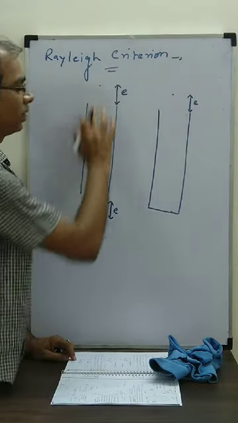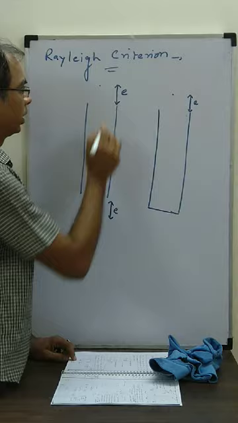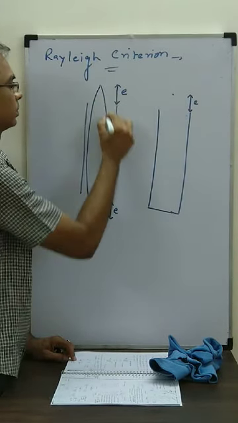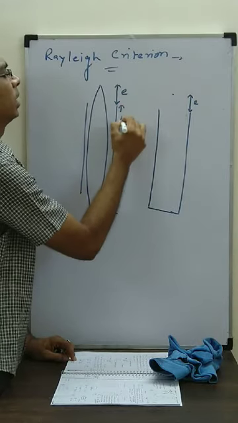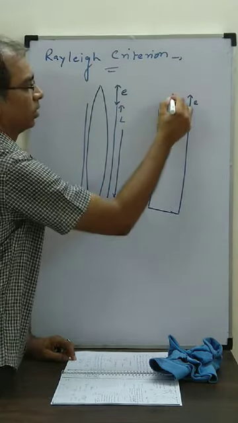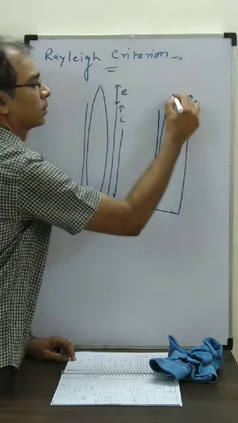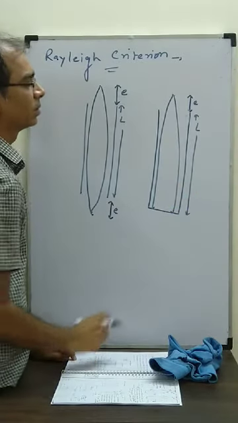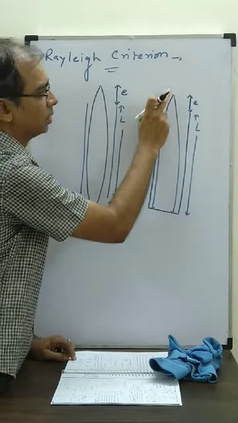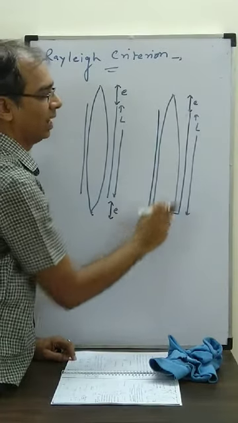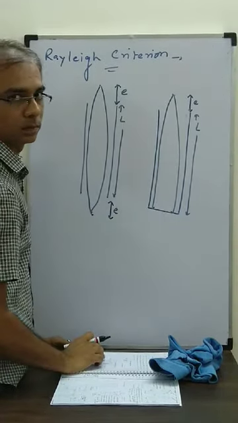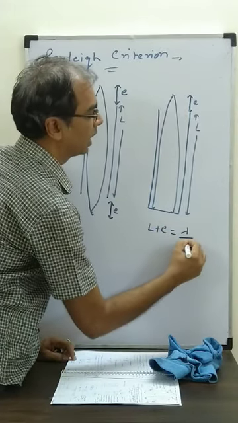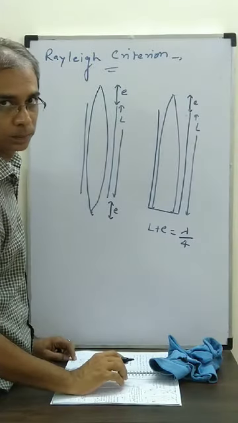Okay, so if I make one fundamental tone diagram over here, we know that this is a node and this is a node. We'll be making it like this. The length of the organ pipe is this one. Same way here also I will make. This is the length of the pipe. Now you can see that the separation between this node and this node is not L actually, it's L plus E. So for a closed organ pipe, you observe that lambda by 4 is L plus E and not L alone.